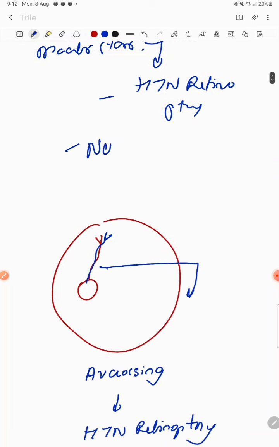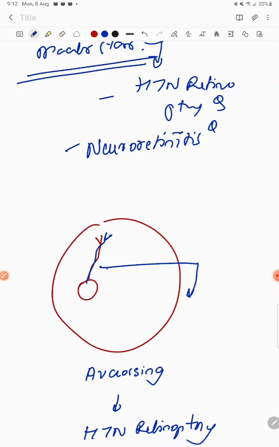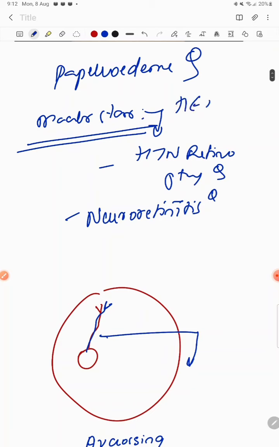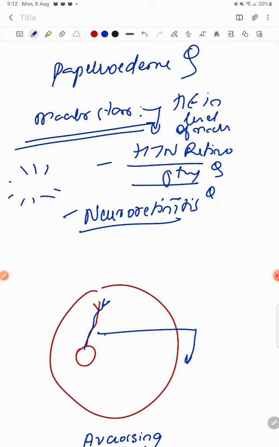One more disease is neuroretinitis. So remember this, because it is one of the important MCQs. They will ask what is the macular star. It is nothing but hard exudates at the level of the macula, in the form of a star. Where does it occur? In hypertensive retinopathy and neuroretinitis.